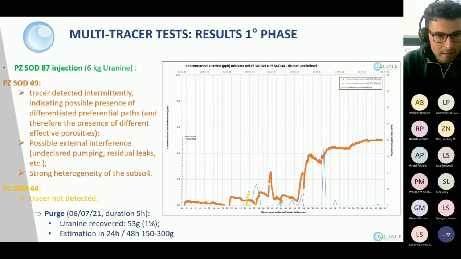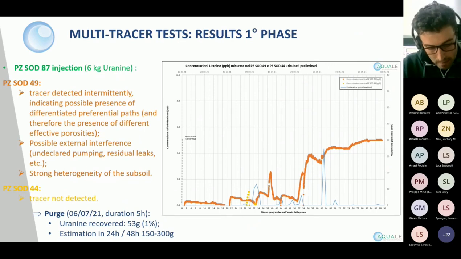Other explanations are possible external interference, for example undeclared pumping or residual leaks, and another important element, a strong heterogeneity of the subsoil. About the monitoring in SOD 44, the tracer was not detected.